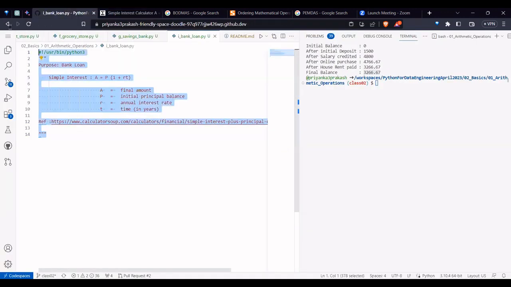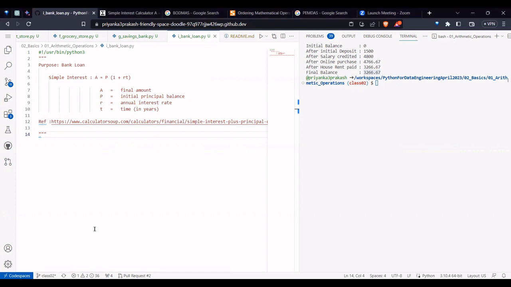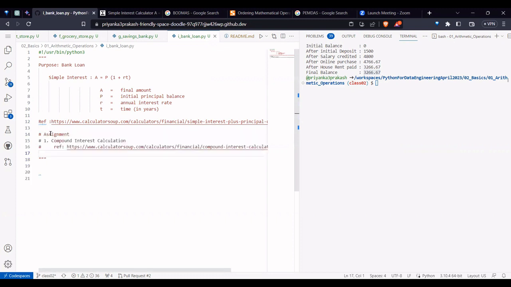Write a small code for the same, where you take the values at runtime. This means in real time you need to take them. So I can give an assignment also. One more assignment is compound interest. Generally for assignments, I will not give the code.